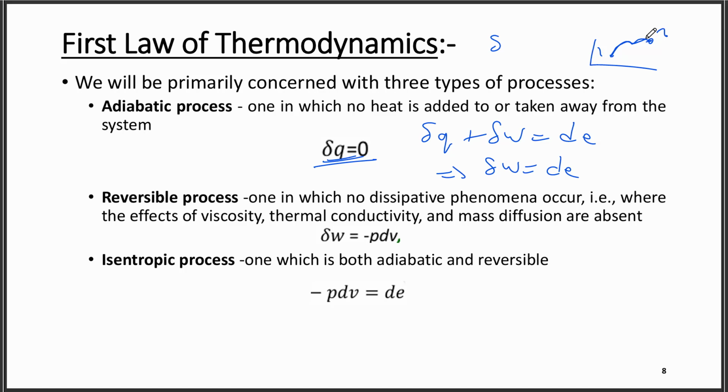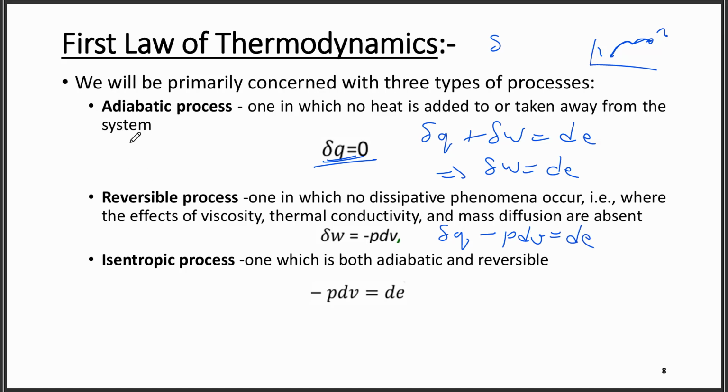Losses are the dissipative phenomena. In that case, work done will be equal to minus PdV. So from the first law, del Q minus PdV equals dE.